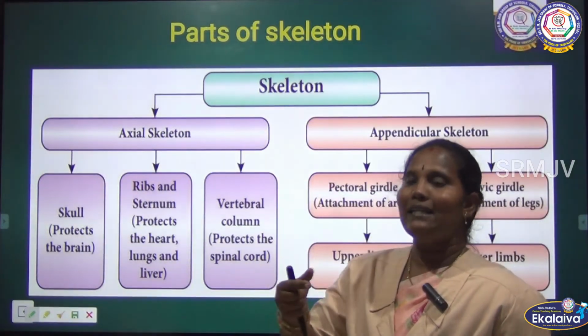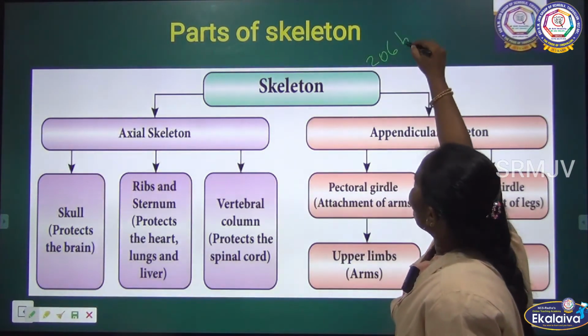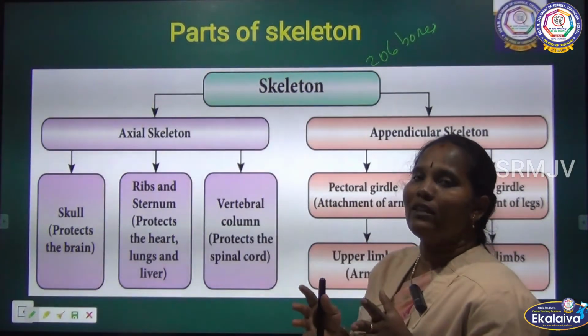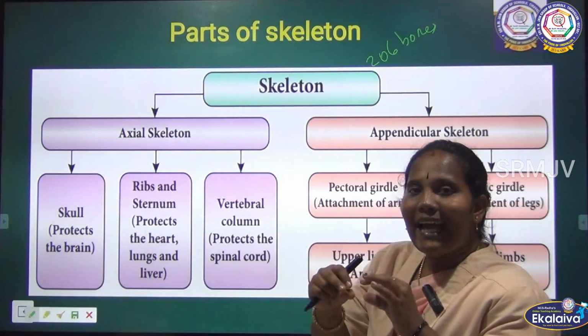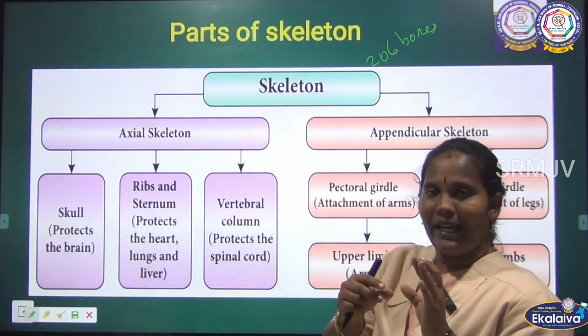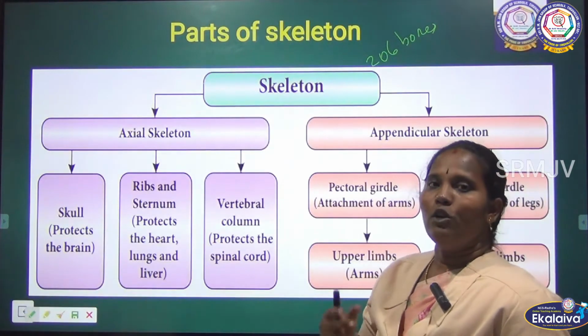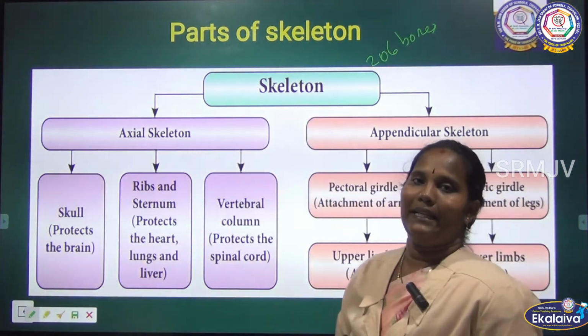We know the skeleton has 206 bones, attached together by different types of joints. So there is the central skeletal system and then the appendicular skeletal system.